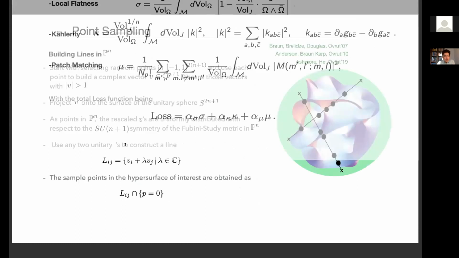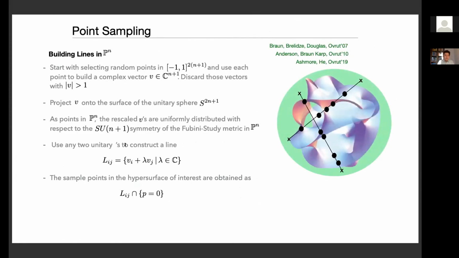And then the next issue is point sampling. So we have to find points that are suitably distributed in the Calabi-Yaus. So basically here what we do is start selecting random points in this cube. They are real here, and then we use them to build a complex vector in C^(n+1) and discard those vectors that have a norm bigger than 1.